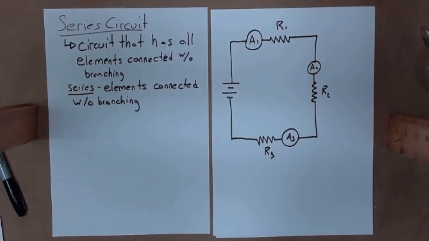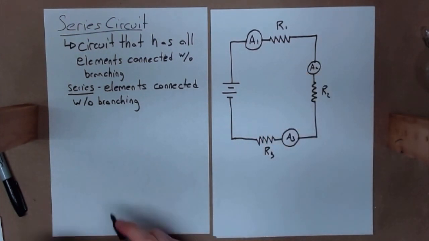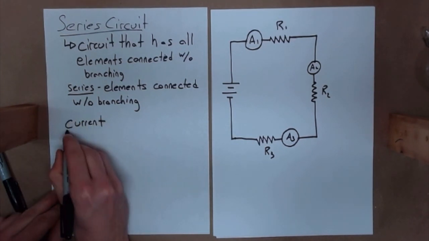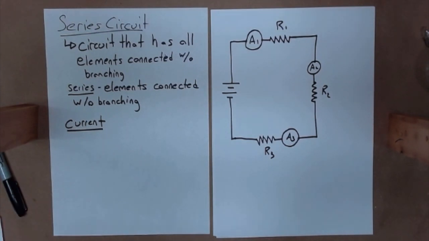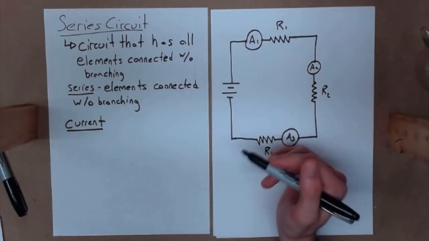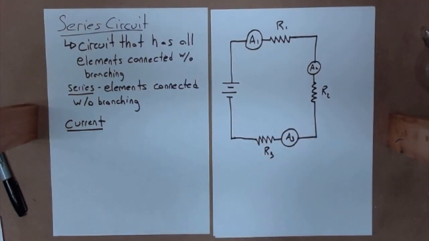Well, let's think about that demonstration, and I want to talk about what each of these ammeters will read, or what the current is in a series circuit. Each bulb acted as a resistor for our purposes. Now, of course, a bulb is a non-ohmic resistor, but since the potential difference is the same, we don't have to worry about a change in resistance because the bulbs remain at the same brightness the whole time.